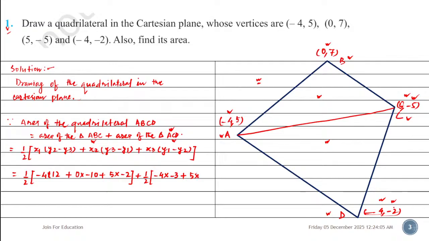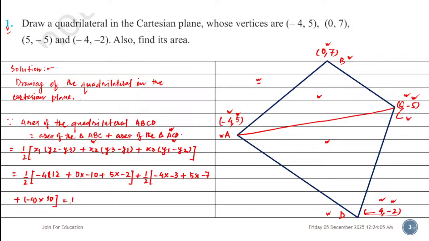So y3 is -2 and y1 is 5, -2 minus 5 equals -7. Plus x3, which is -4, into y1 minus y2. So y1 is 5 and y2 is -5, so here it will be 10. No problem up to this step.